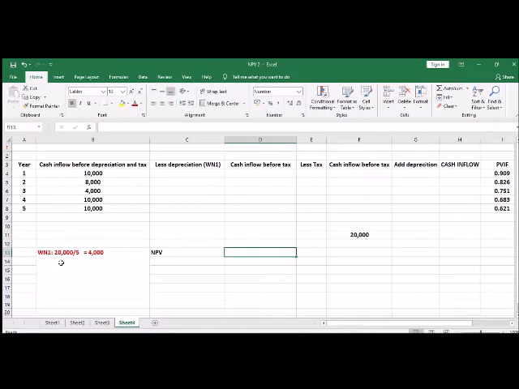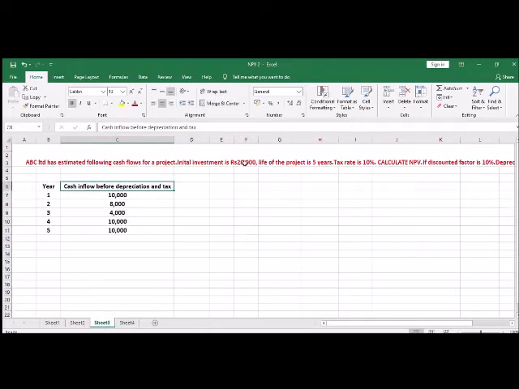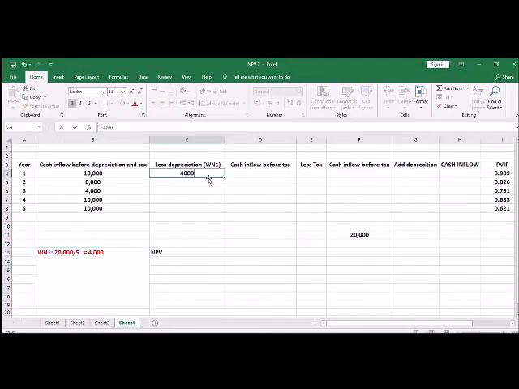Now we have to deduct depreciation from this cash inflow and just drag down this arrow to calculate for year 1 to year 5. Now we have to deduct tax, where the tax rate given is 10%. So we'll calculate the tax amount as the cash inflow before tax into 10%.